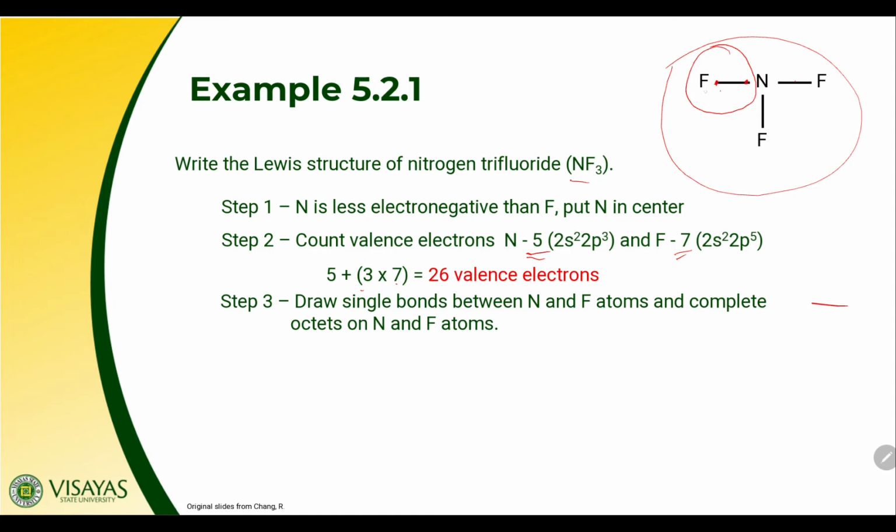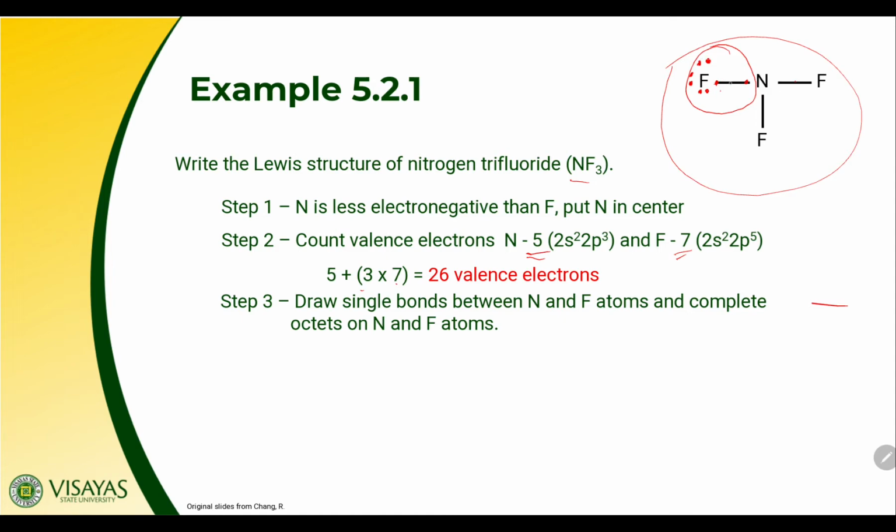So as of the moment, fluorine has 2 electrons. To complete its octet, we will add 6, since 2 plus 6 is 8. So we will add 6 additional electrons, or 3 lone pairs. We have first lone pair, second lone pair, and third lone pair. Again, these electrons are called lone pair because they are not involved in bonding.